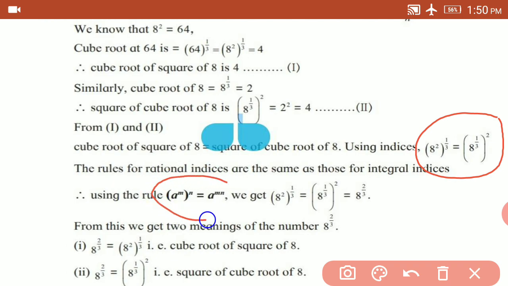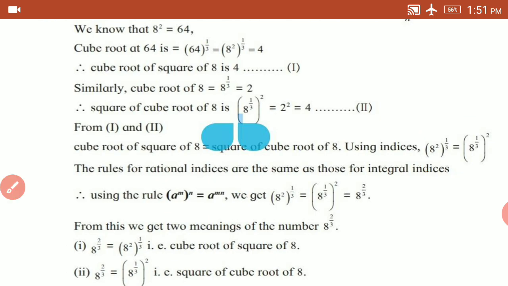That is, using this rule, a raised to m, raised to n, is equal to a raised to m into n. We get 8 square raised to 1 upon 3 is equal to 8 raised to 1 upon 3 bracket square. That is 8 raised to 2 upon 3. Both are the same.